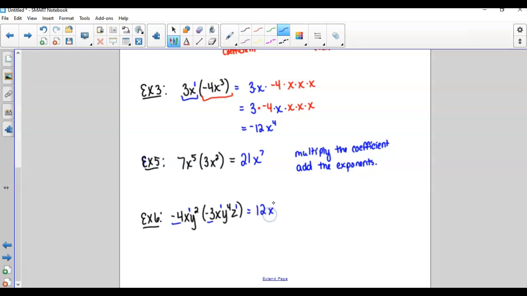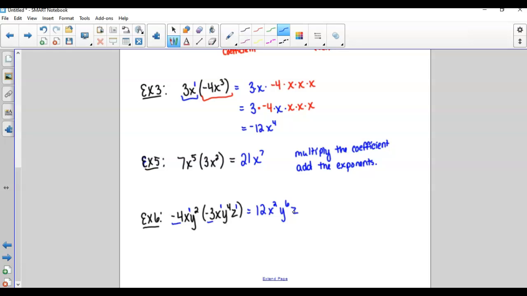That's going to give me x to the 2nd. Then I look at my y's. I've got 2 y's here and 4 y's here, which is going to give me y to the 6th, just adding those exponents together. Z, I've only got this one single z. There's not a z over here, so it's just going to be tagged on the end right here. So this would be our answer for example 6.